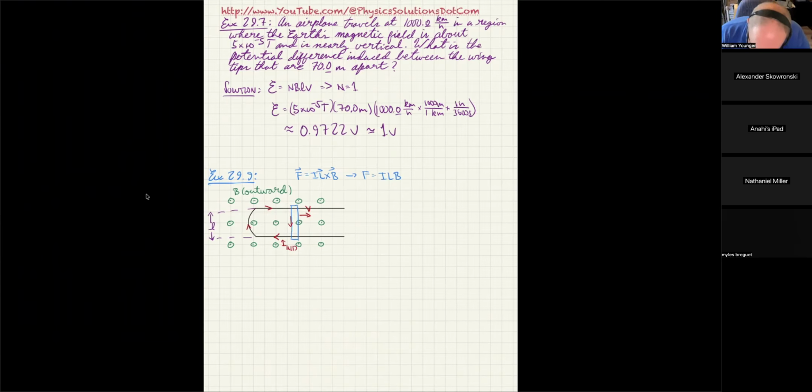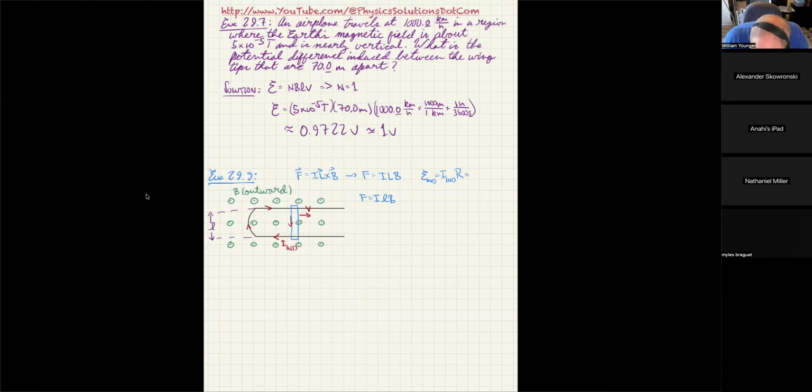Now we can use that and we can say the force is in fact I times L times B. We know L is actually the lowercase l. We know B is the actual B, but we have to figure out what the current is. What we do know is that the induced EMF is equal to the induced current times R. I'll assume that's the current of the whole rod and wire system.